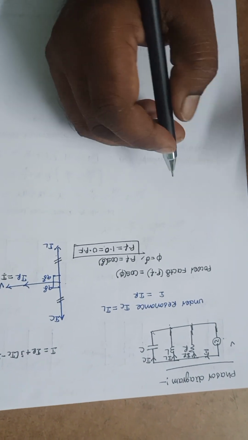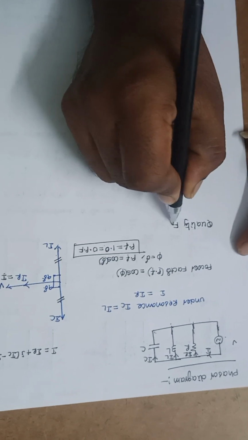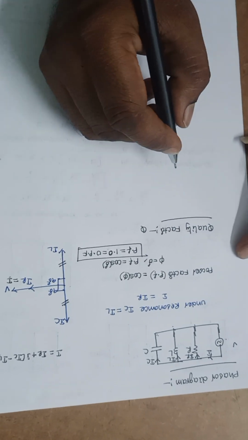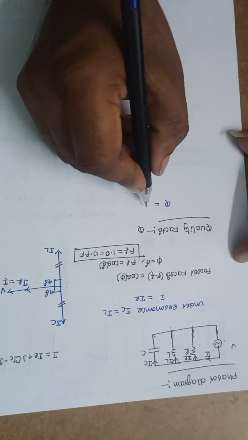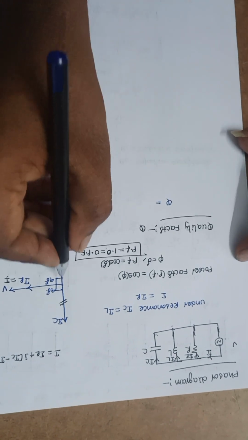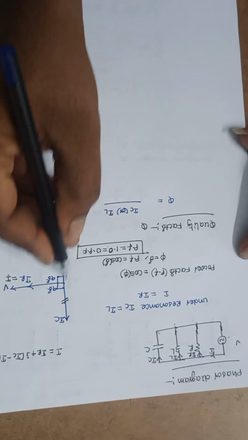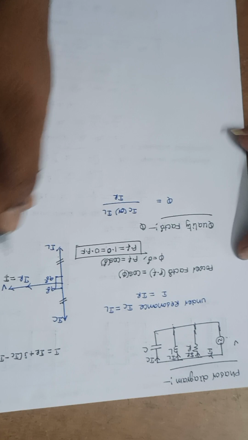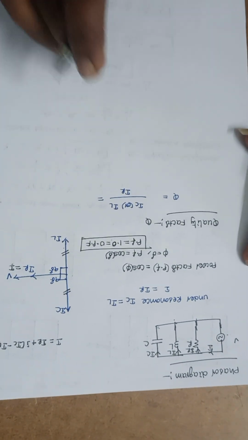Next, quality factor Q. This quality factor we already defined. It is the ratio of the reactive component to the active component. Here the reactive components are IC or IL, divided by the active component IR or I. Now what is this IC?